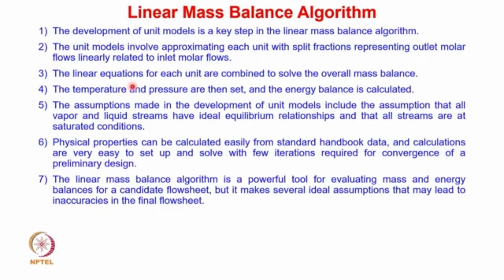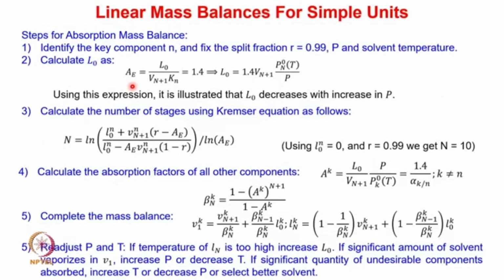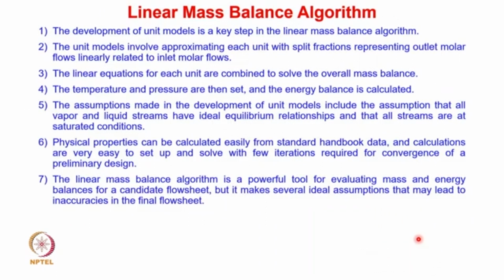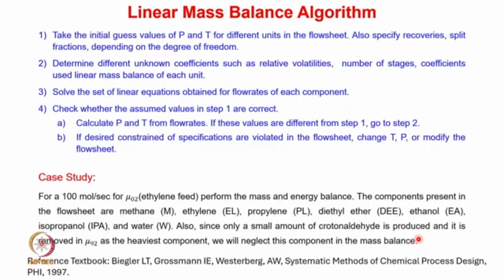So when I'm saying the coefficient, these are the coefficients like beta n and beta n minus 1. This type of coefficients we can find out, and then we can solve this set of linear equations and we can obtain the flow rates for each component.